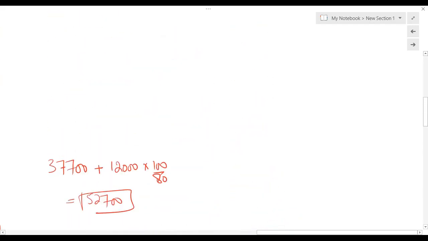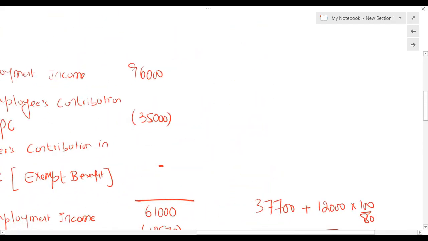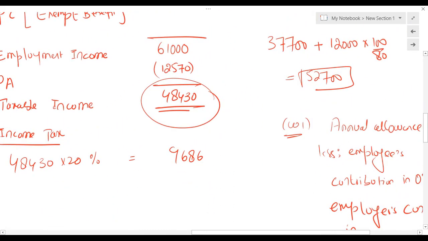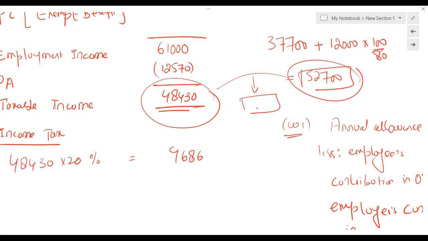Now come here. The basic rate band limit is 52,700. Out of this 52,700 we have used 48,430, which means that the unused basic rate band limit is how much? 52,700 minus 48,430 gives me 4,270.